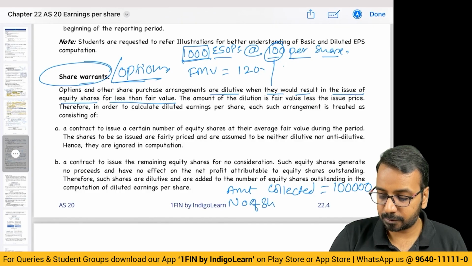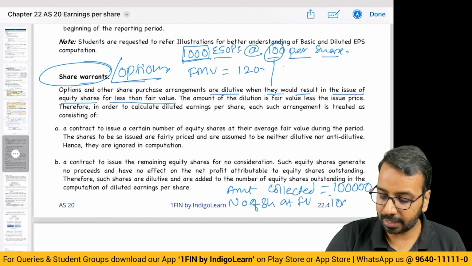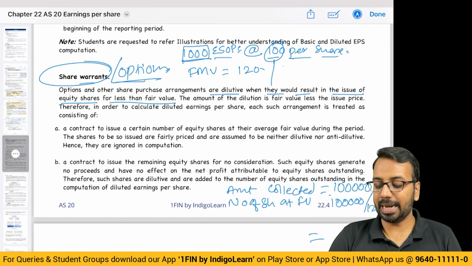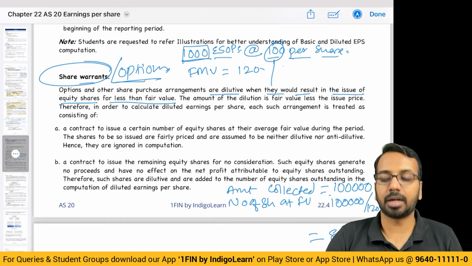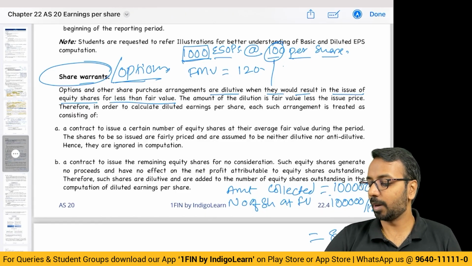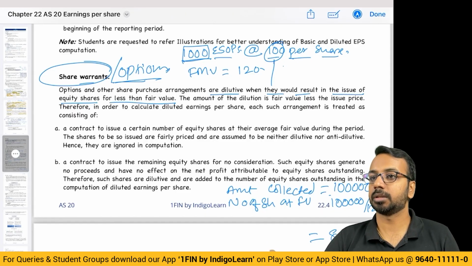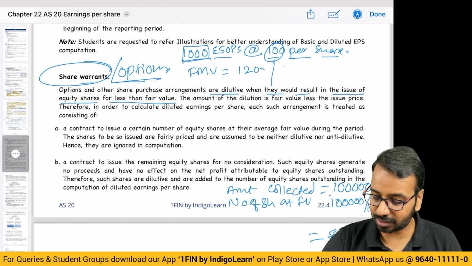Number of shares at fair value is 1 lakh divided by 120. 1 lakh divided by 120, let me cross check, I have been making this silly error. Not 850. It is 833.